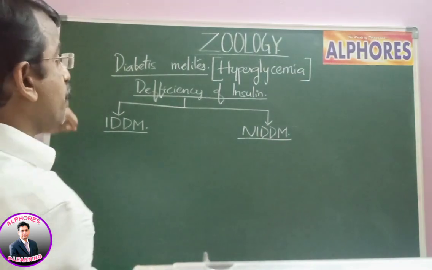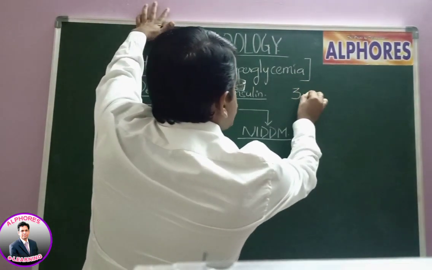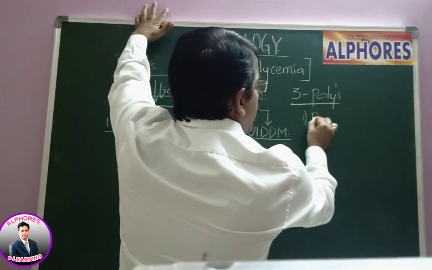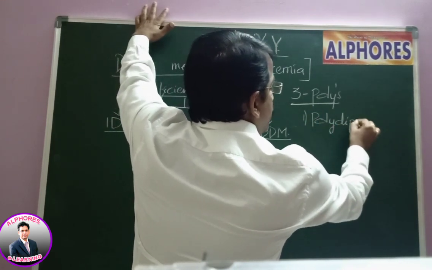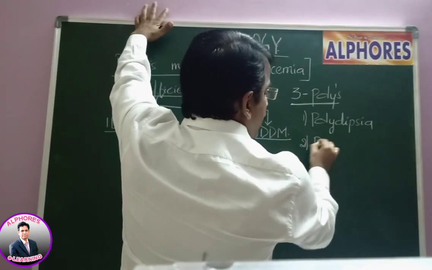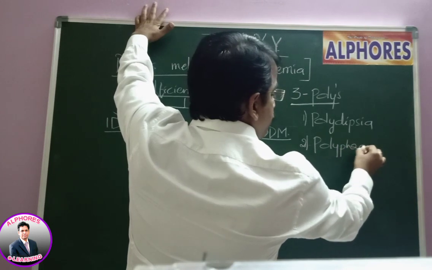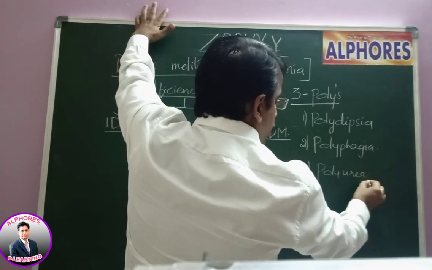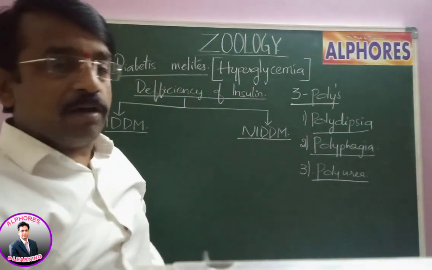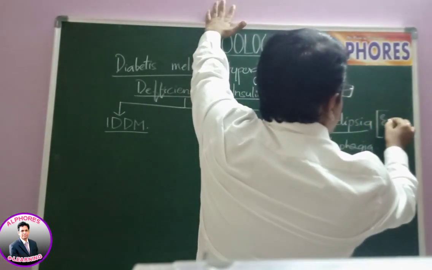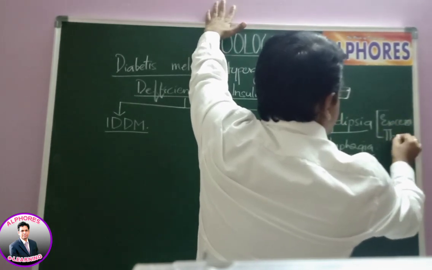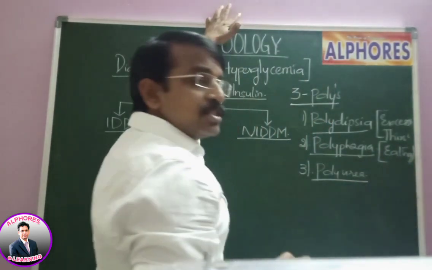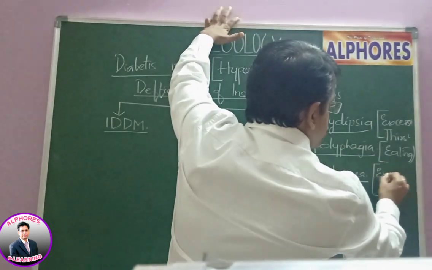The point to remember is that in diabetes mellitus 3 polys are observed: polydipsia, excessive thirst; polyphagia, excessive eating, phagia meaning eating; and polyuria, excessive urination.